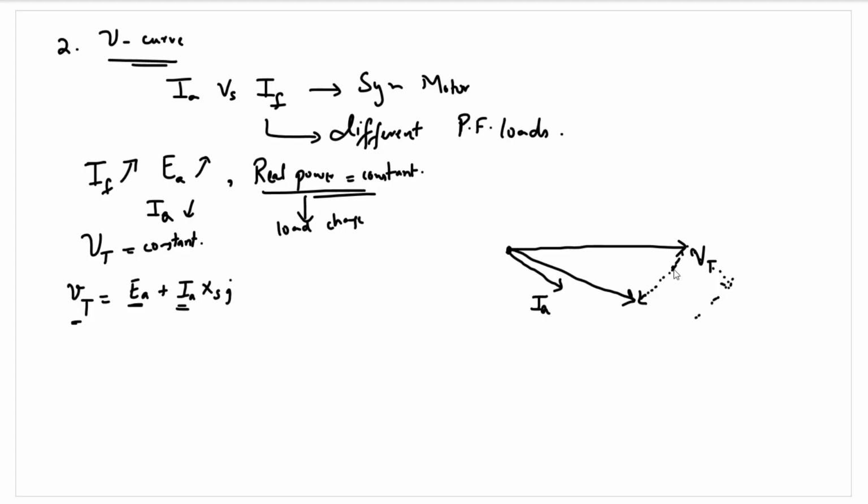This line here shows the Ia Xs drop at this point. It's 90 degrees to this. So the resolution of these two vectors gives us Ea. I will rub this off.